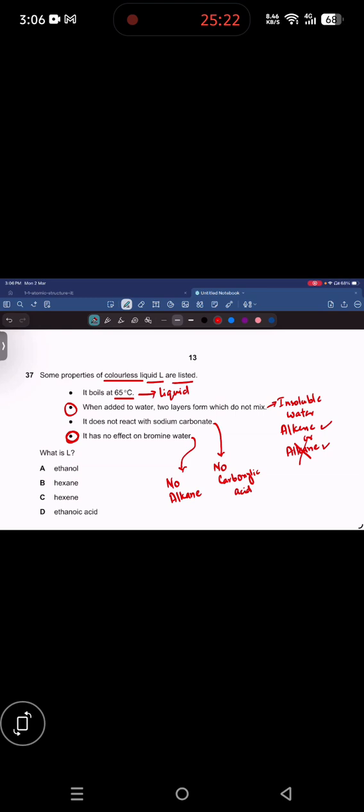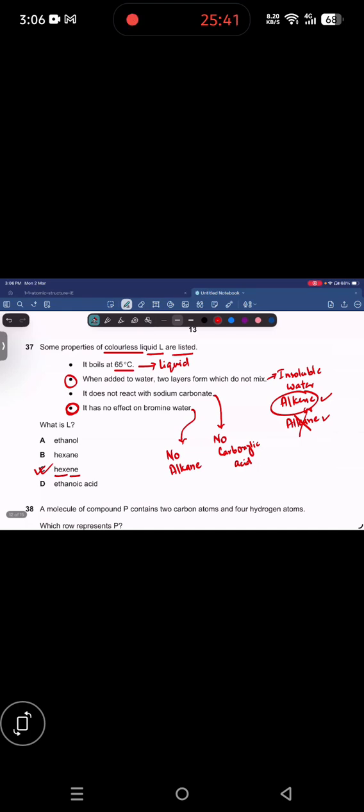So the alkane will be present here. Now we have to check which one is the alkane here. C is the alkane because the name is hexane. The prefix is hex, with 6 carbons, ane as a suffix which is for the alkanes. So C is the correct answer here. A and B and D are not our choice.